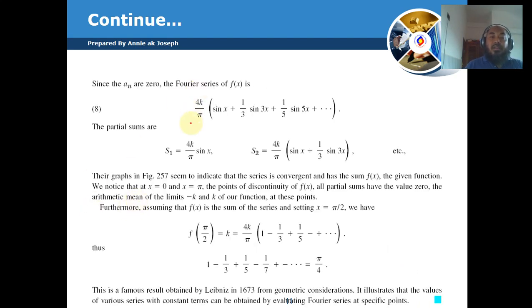Okay, so we move 4k over pi out, so we get sin x plus 1/3 sin 3x plus 1/5 sin 5x, etc. The partial sum is s1. If you combine this one, we get like this, and like this, so this one will be s1, this one will be s2, and this one will be s3, etc.